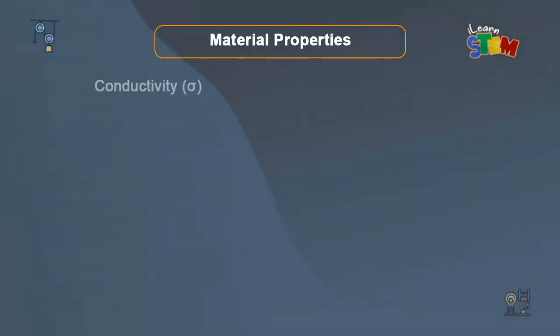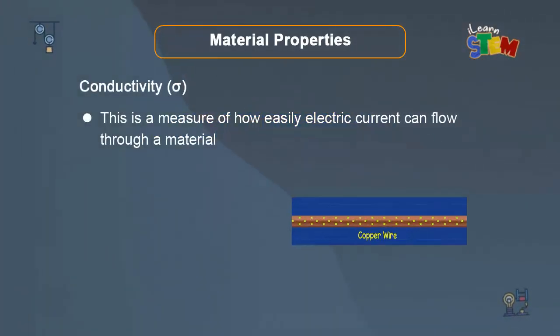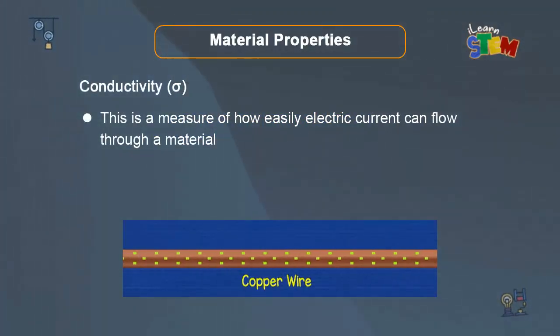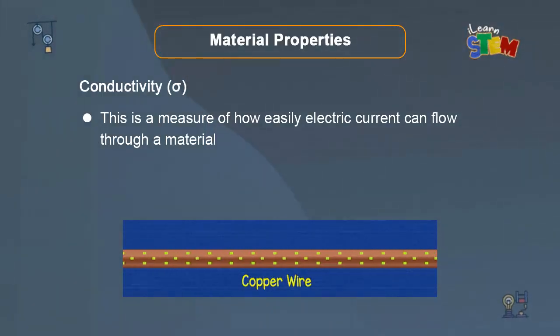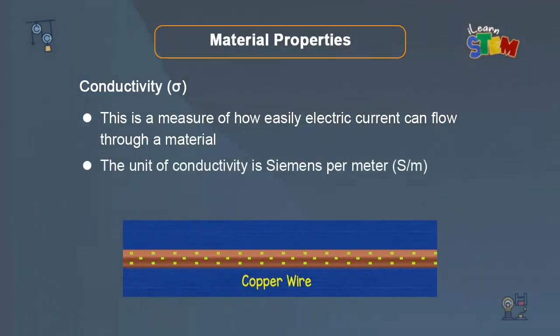On the other hand, conductivity is a measure of how easily electric current can flow through a material. It tells us how well a material conducts electricity. Materials with high conductivity allow electric current to pass through them easily. The unit of conductivity is Siemens per meter.